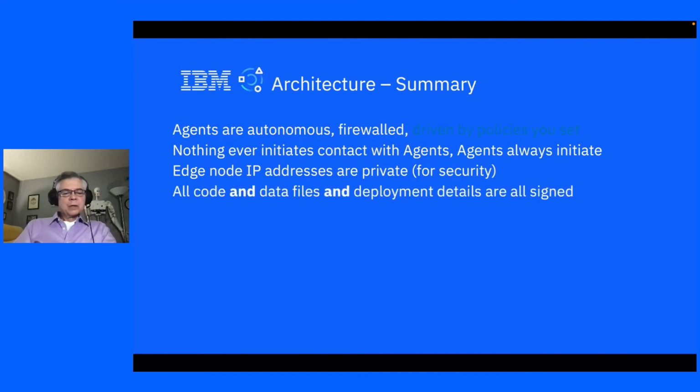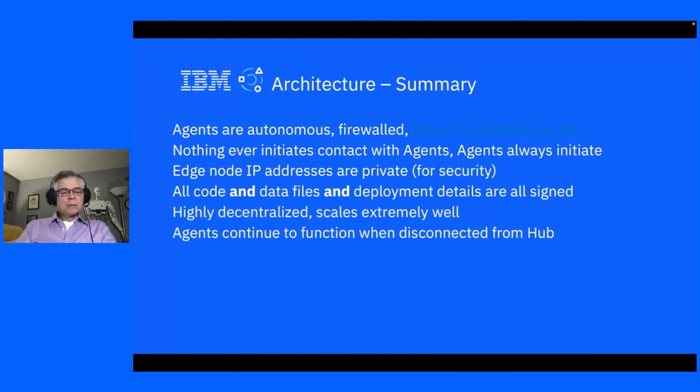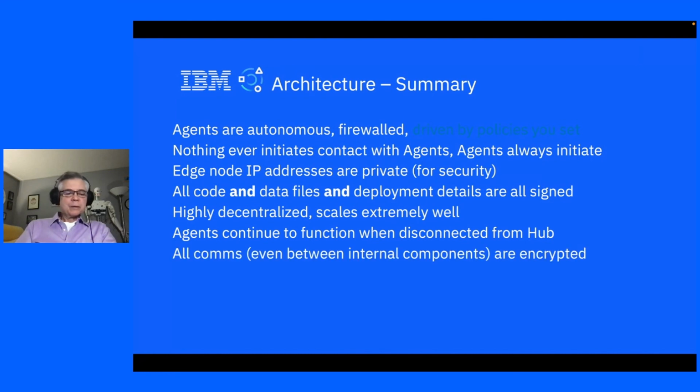So all code and all data files and all deployment details are all cryptographically signed. It's a highly decentralized system, so it scales extremely well. And the agents continue to function when they're disconnected from the management hub or from the internet altogether. And all communications, even between the internal components within the management hub, are encrypted.